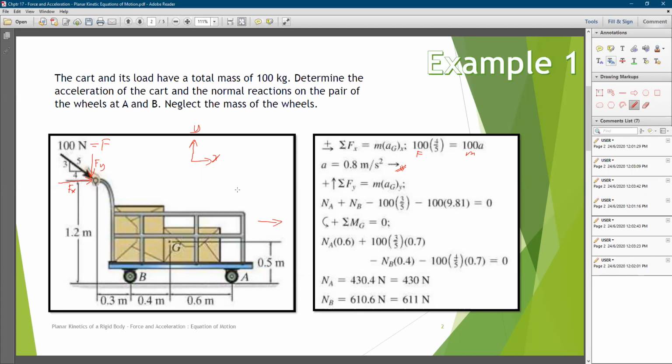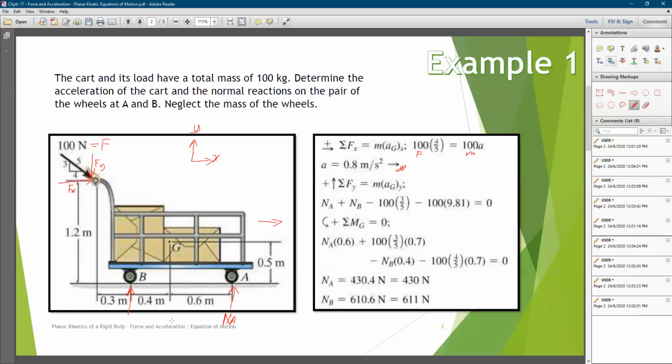Let's look at the Y direction. Pointing upwards is positive, as we can see here. Similarly to the previous one, we look at the forces, but in this case the vertical, or Y direction, where down here you have the wheels with reaction forces on both wheels.